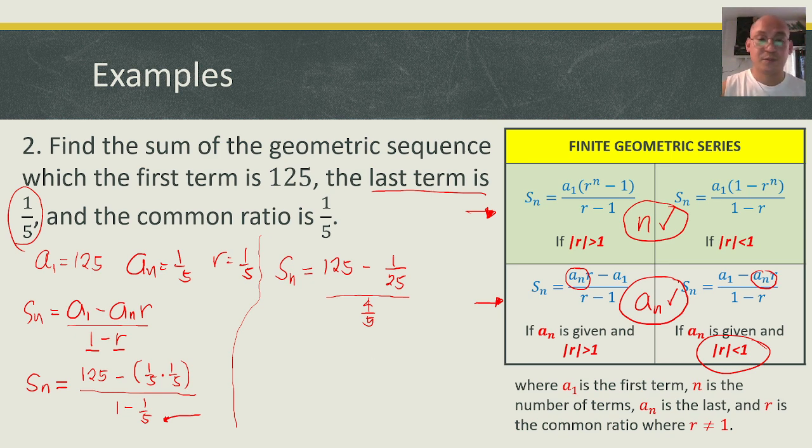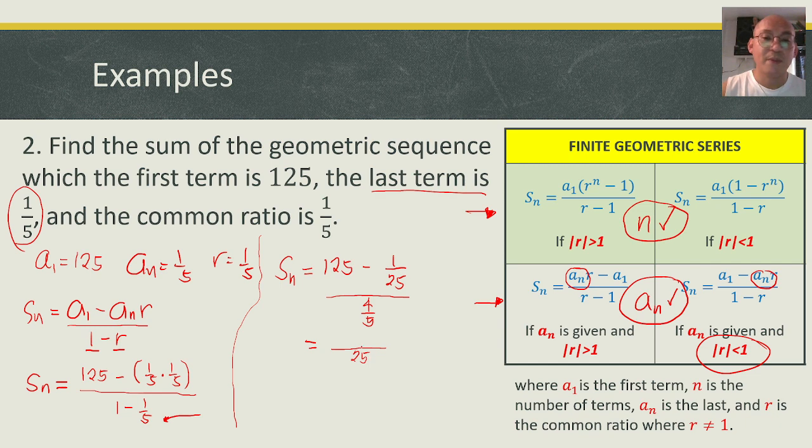Right? Subtraction of fractions. Let us evaluate. We have here now 125 minus 1 over 25. If we are going to use the process of subtracting fractions, whole number to fraction, we need to get first their least common denominator, which is 25.